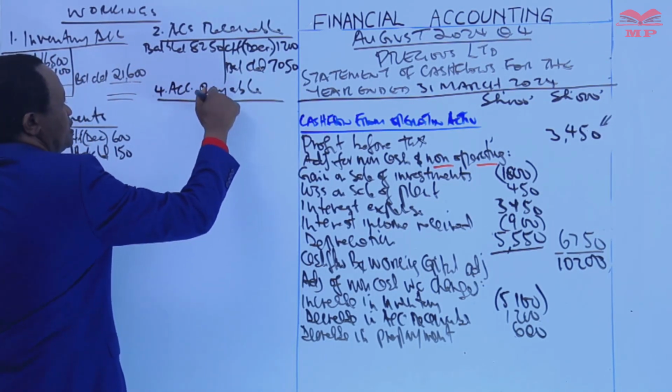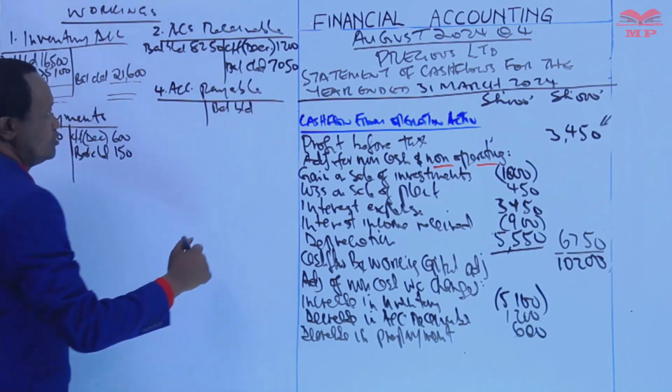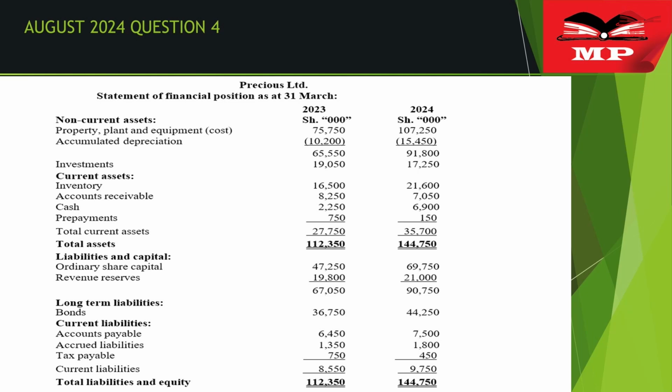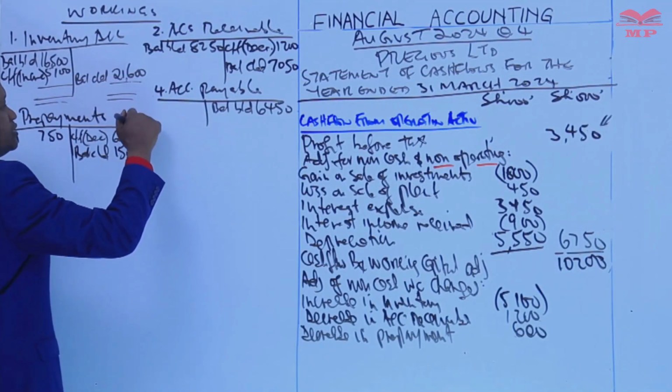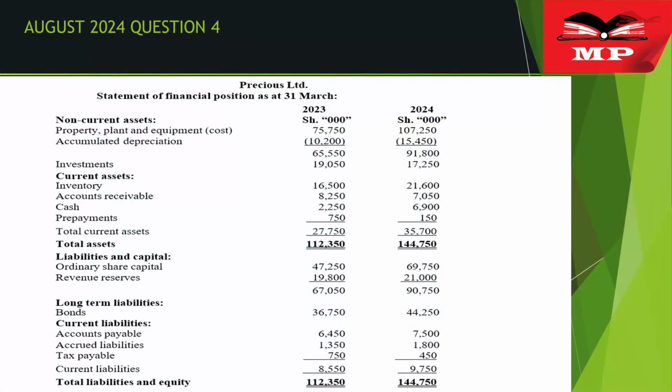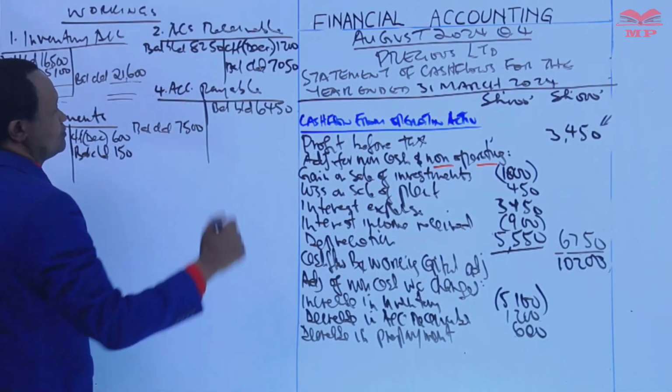What is the balance brought down? Is it 6,450? Balance carried down at the end, accounts payable 7,500.